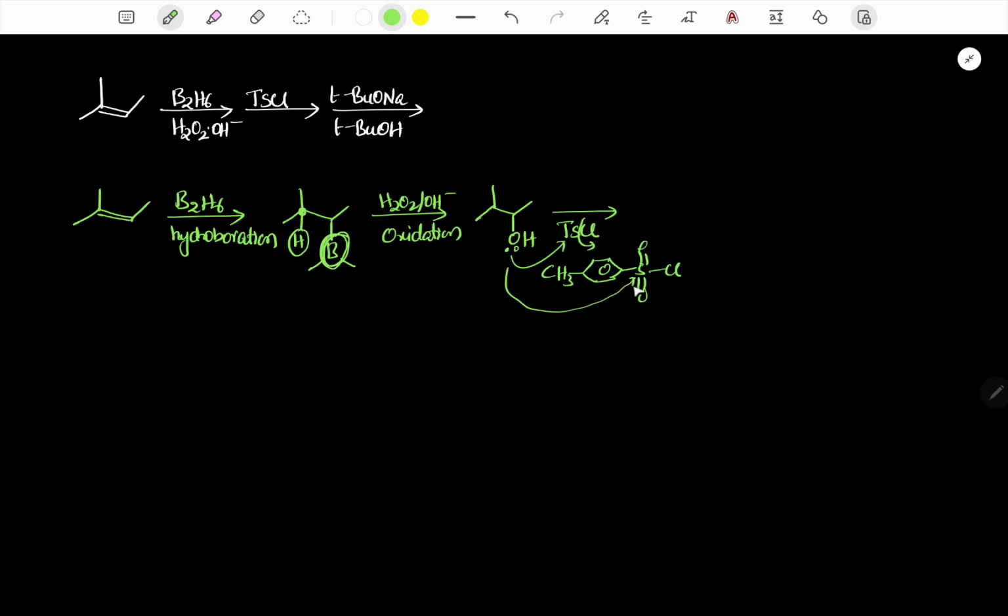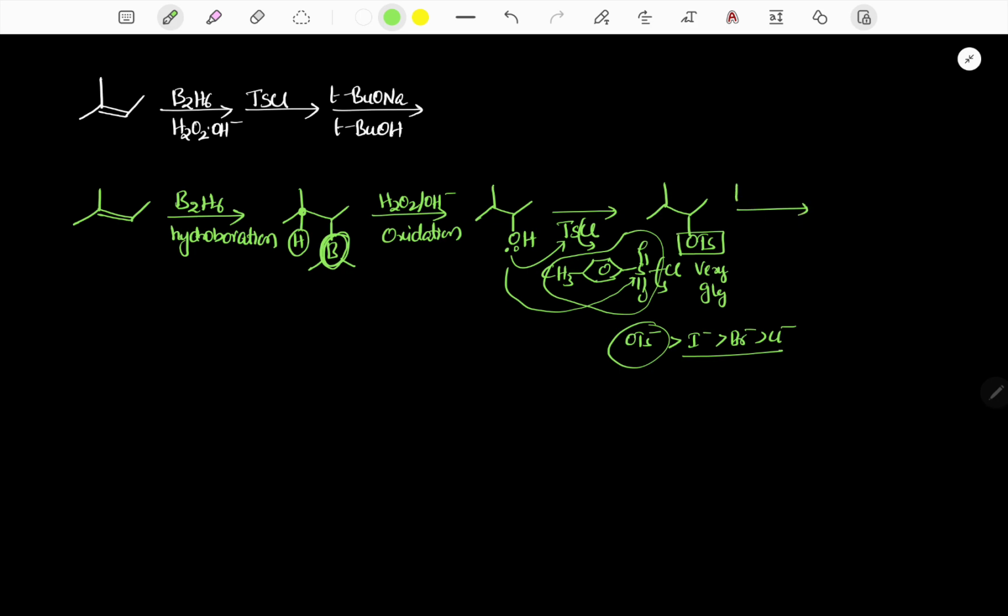This entire group is the tosyl group, so simply we can write the corresponding OTs. And OTs is a very good leaving group. We know that OTs is a better leaving group than I minus, Br minus, and Cl minus. When compared to halides, sulfonates like OTs are good leaving groups.